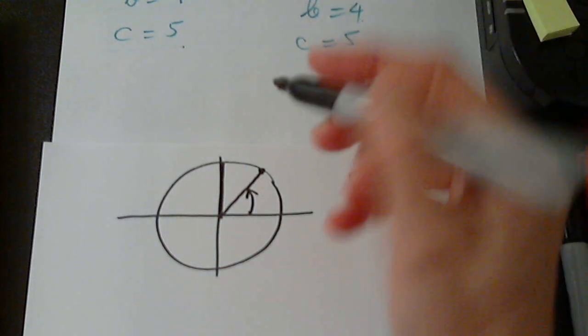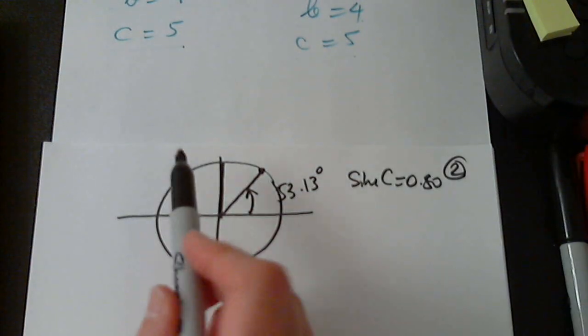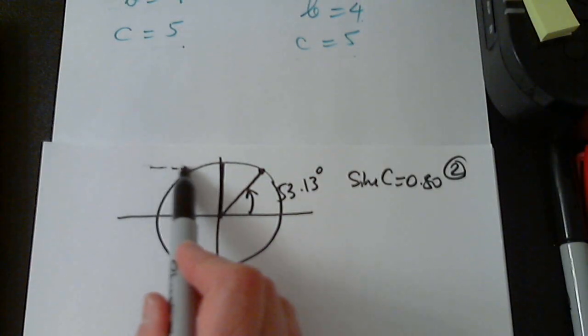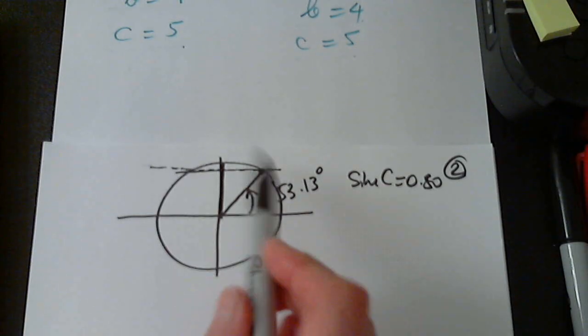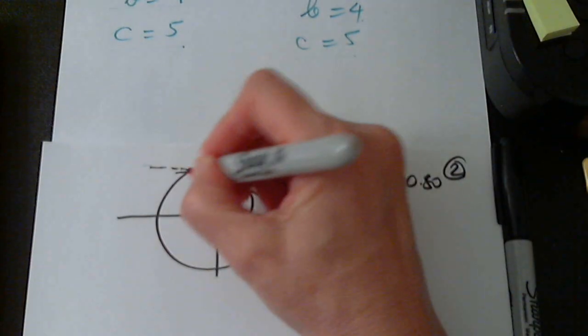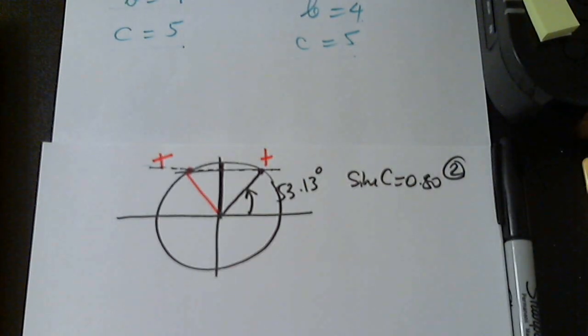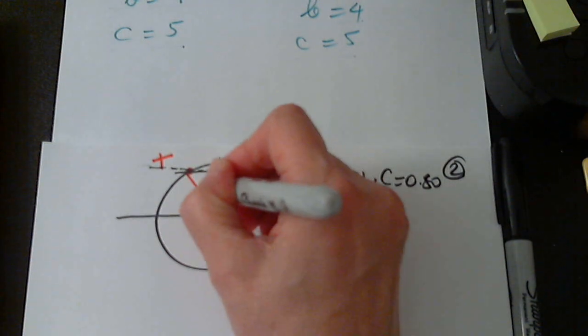We determined it already. It was 53.13 degrees. However, I will draw a horizontal line through this point, and I realize that there is another possibility, because sine is positive in both quadrants.